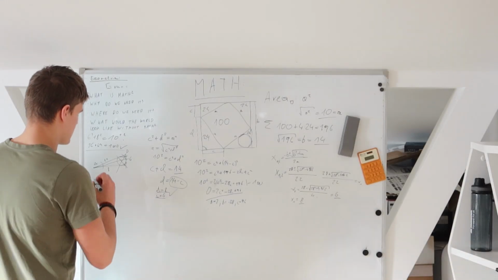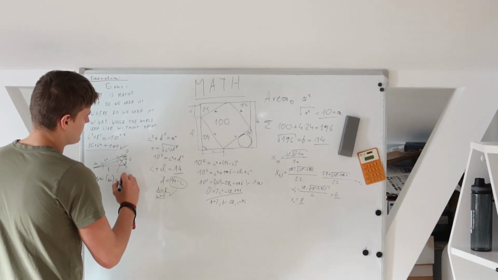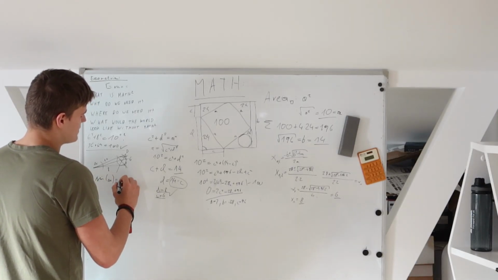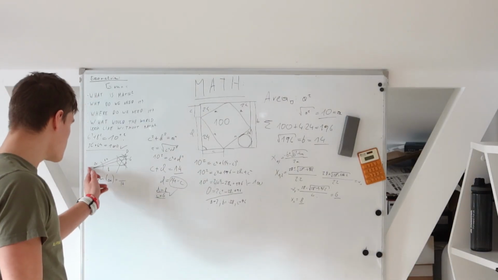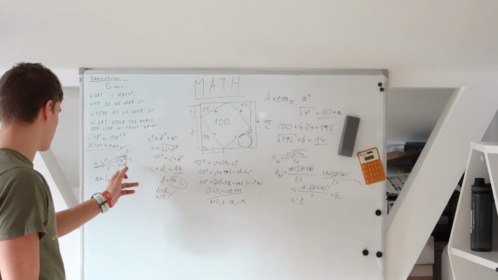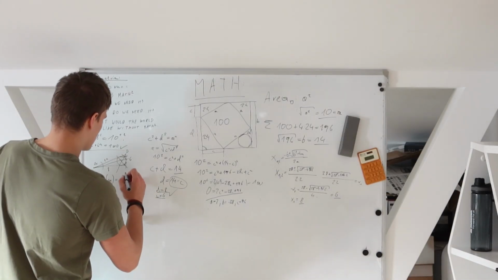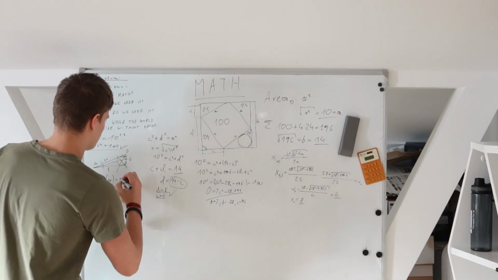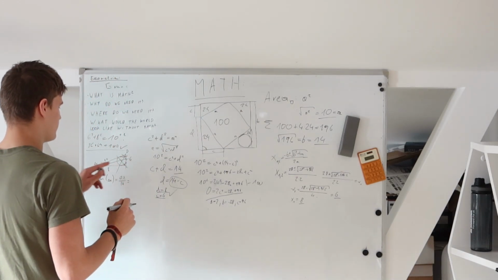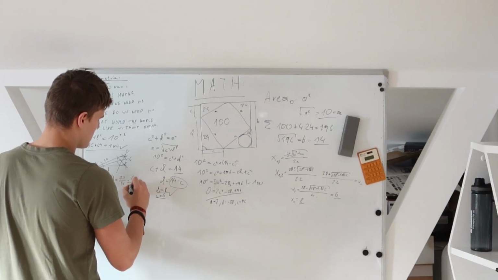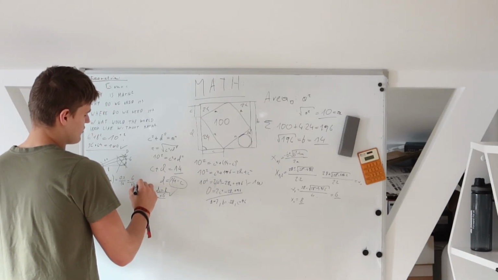The sine of an angle is the opposite side divided by the hypotenuse. So we have 6 divided by 10, which is just 0.6.